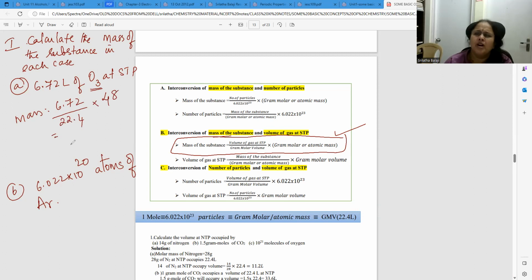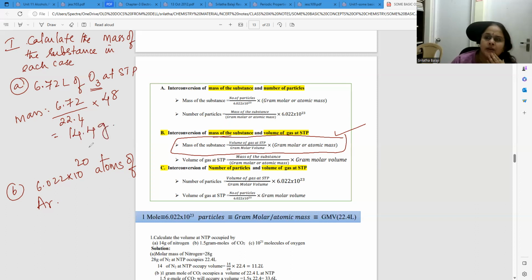From 10 power 3 onwards, you start showing the power notation. Is it clear? Then 14.4. 14.4 what? What are the units? Grams.